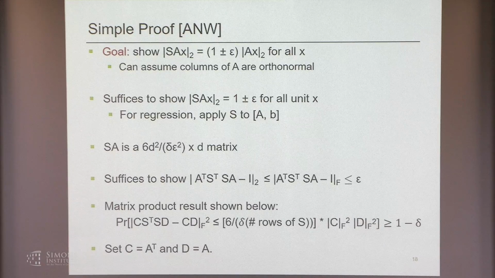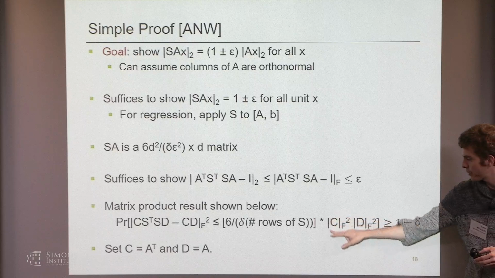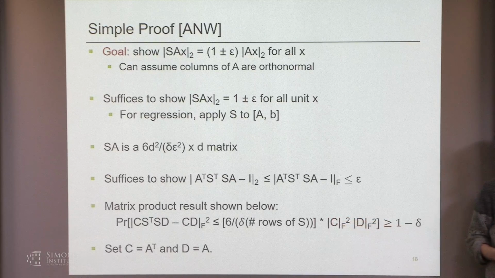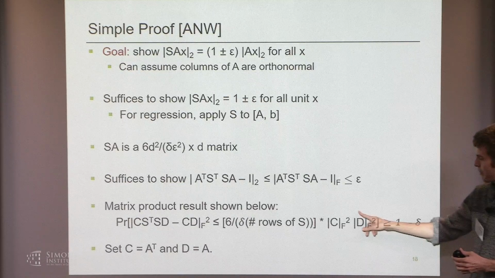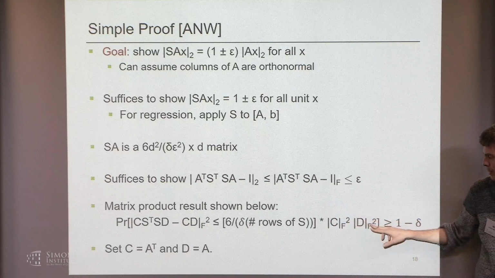And so the question is just how many rows of S do I need to choose? Well, what is the squared Frobenius norm of A? It's a matrix with orthonormal columns. It has d columns, so the squared Frobenius norm of that matrix is d. The squared Frobenius norm of D, which is just A transpose, is also d.